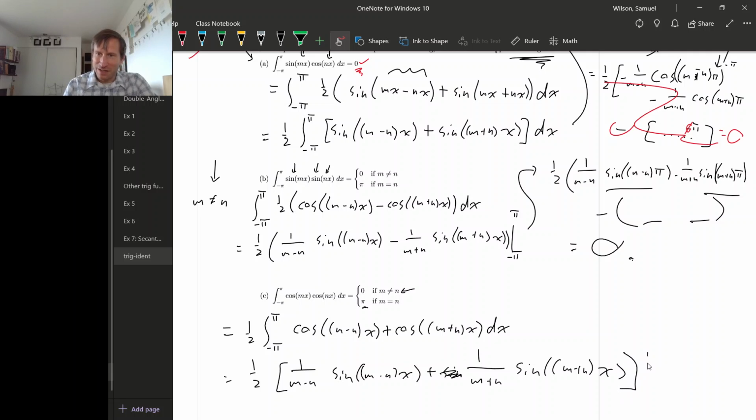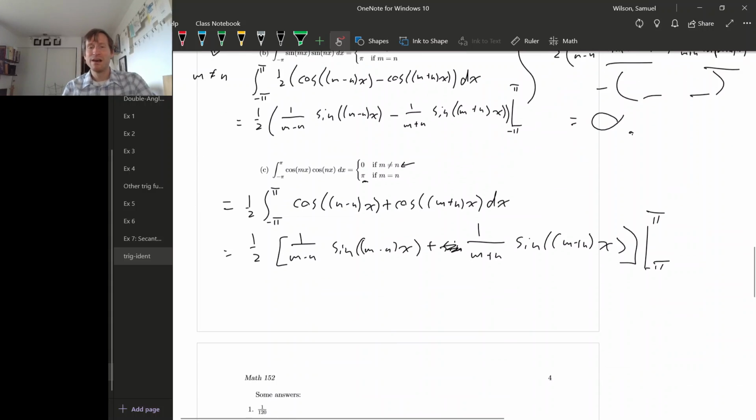And this is all evaluated from minus pi to pi. And then just like in part B, when you have an integer multiple of pi inside of your sines, you always get 0, so this whole thing comes out to be 0. All right.